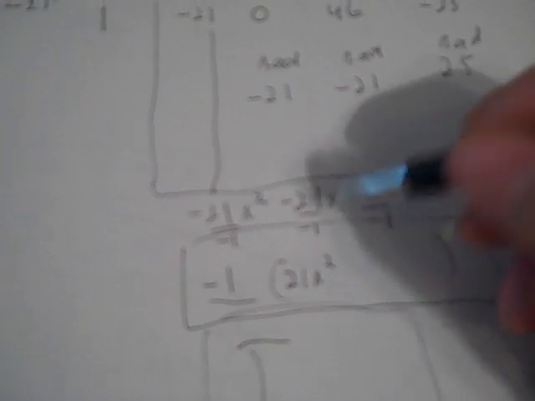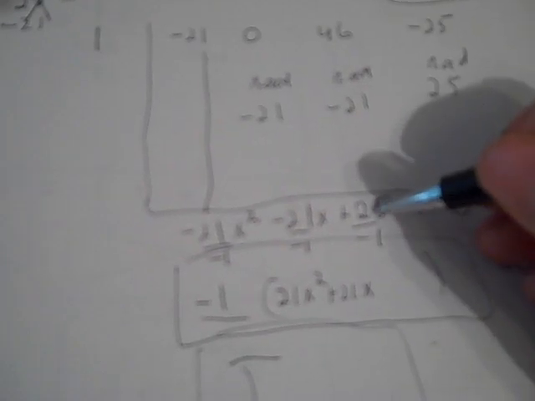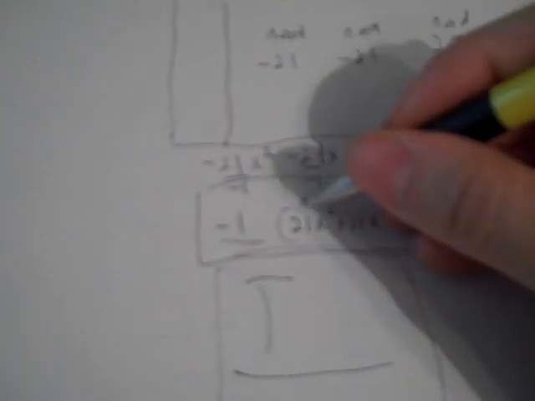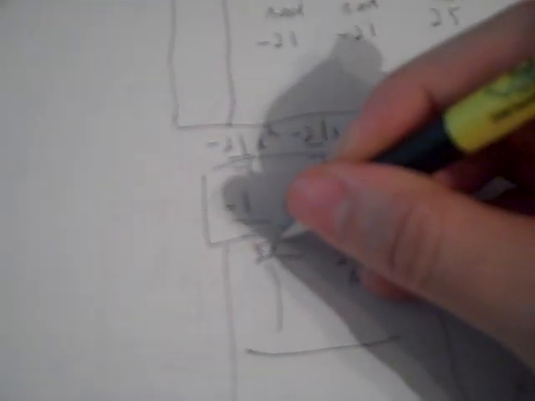So it goes to positive 21, X to the second, negative 21 divided by negative 1 is positive 21, so plus 21x. 25 divided by negative 1 is negative 25, so minus 25. 21 times negative 25 is the A times C. Okay, negative 525. Remember what I always say. If you get a number in the hundreds, just go to the quadratic formula. Don't waste time. Just put fail and move on.